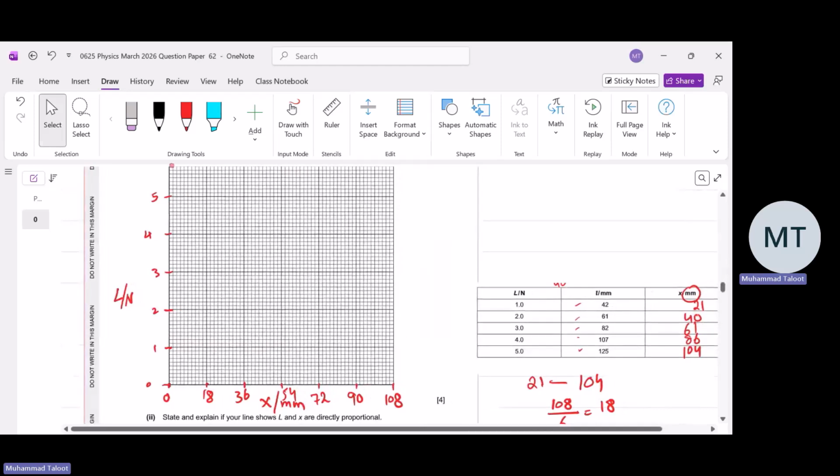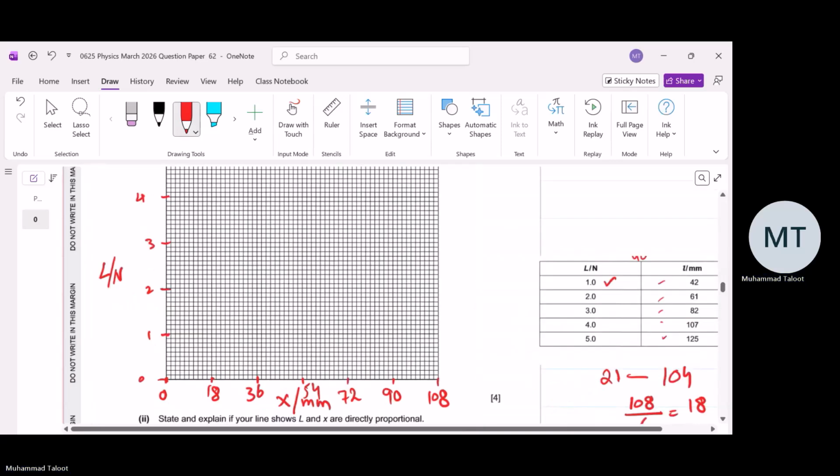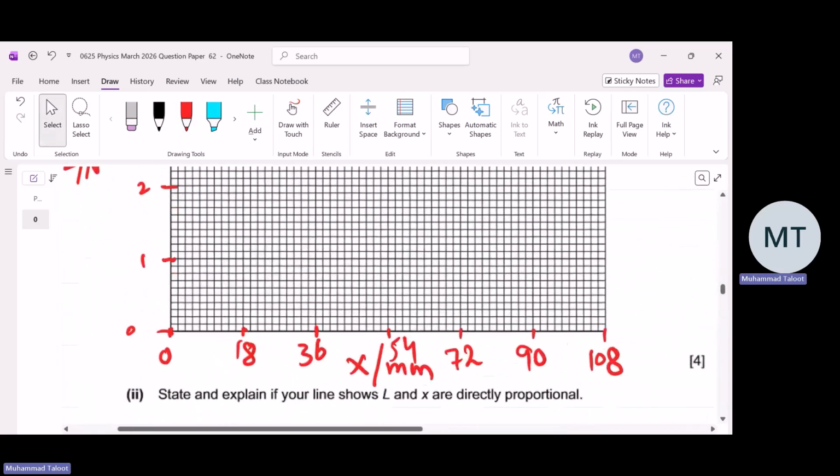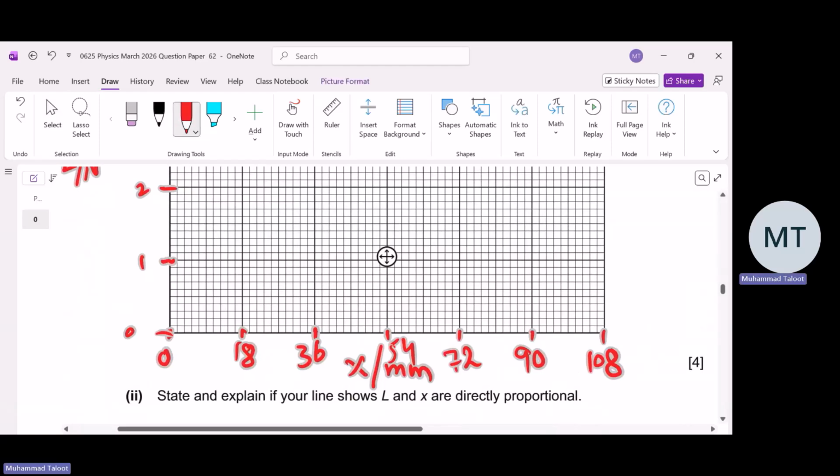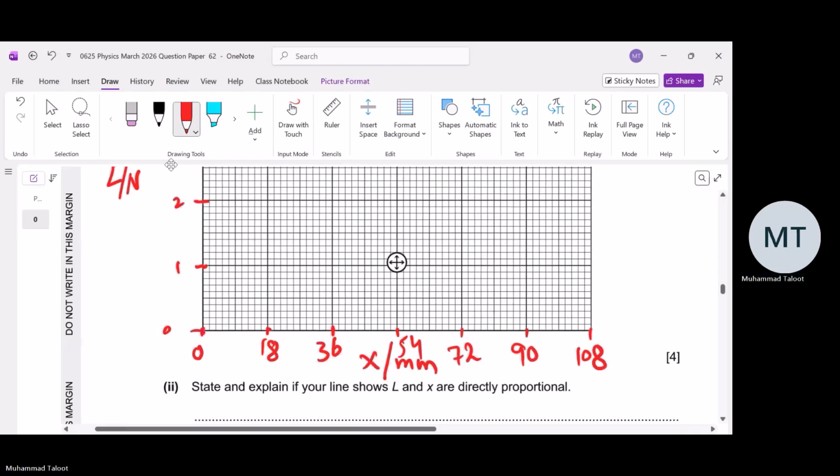So let's take the values. If you see, when there is 1 Newton load, the extension is 21. So we have to take 21. 21 divided by 1.8, so we have to take 11.6 boxes.